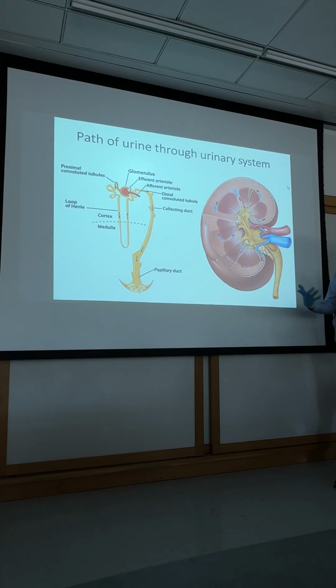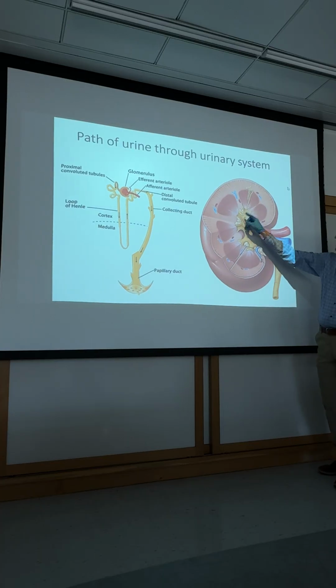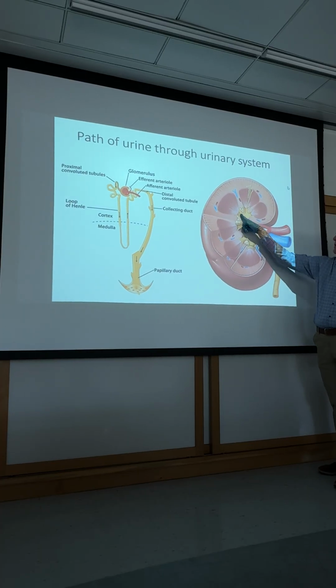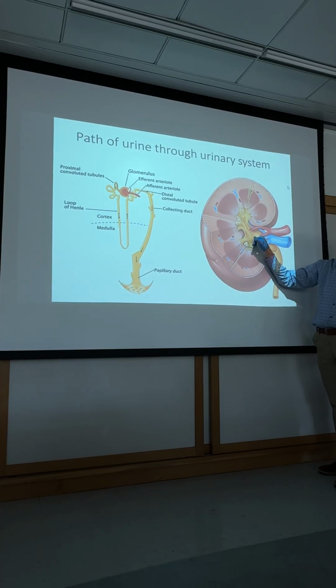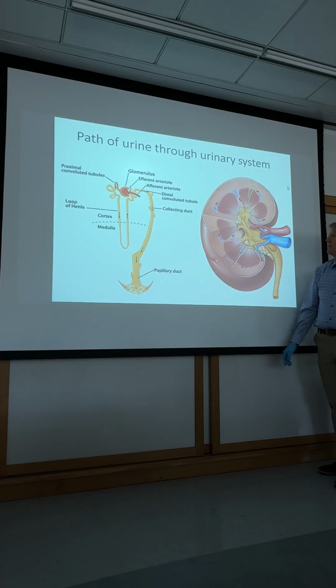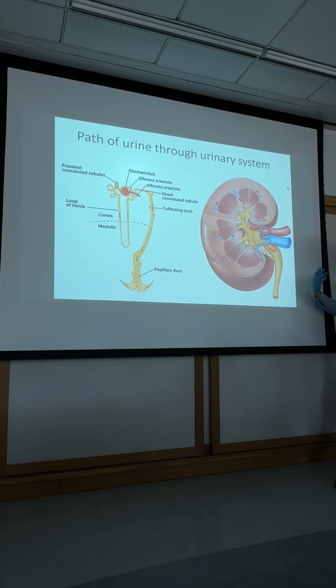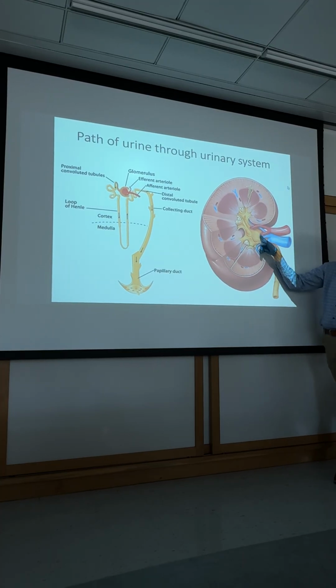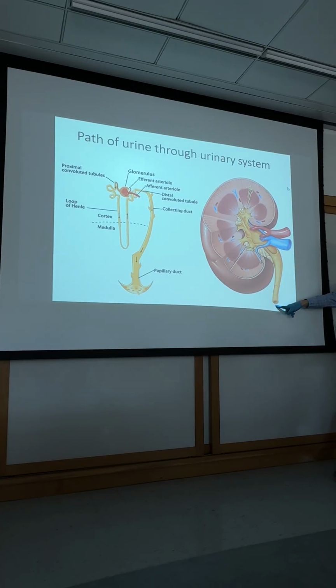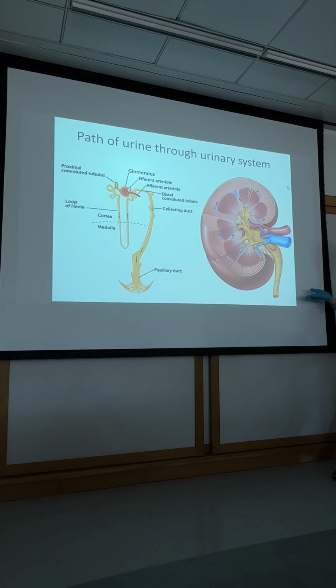Other times, two or more minor calyces combine to form a major calyx, which then dumps into the renal pelvis. Anyway, all the urine eventually gets dumped into the renal pelvis, and then the ureter carries it away. From the ureter, where does it go? The bladder. After the bladder, it goes to the urethra and then outside the body. So that's basically the path of urine through the system.